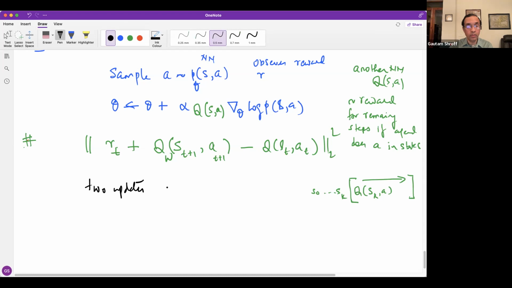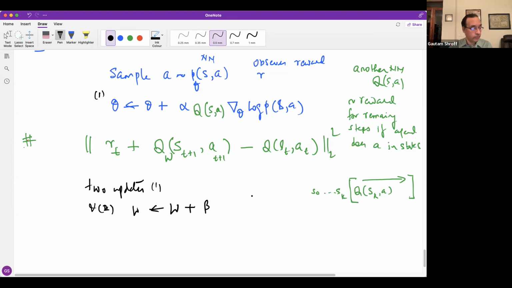Theta equals, theta goes to what? This is already done, so we have to do one more update. Sorry. This is one update. One. And two is w goes to w plus some learning rate beta times what?